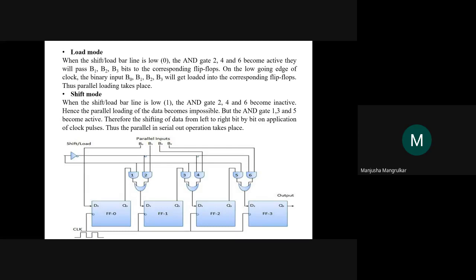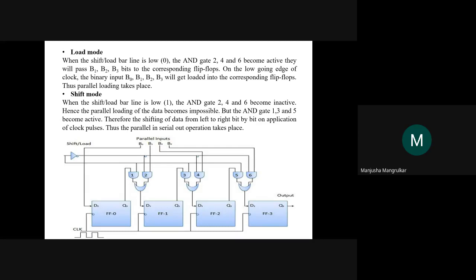When the data comes in serially, and when the data is shifted, that is the mode, right? Because this is parallel in and serial out. If it is serial out, data has to be shifted from one flip-flop to another flip-flop, right? Load means it is an input mode, and shift means it is an output mode.